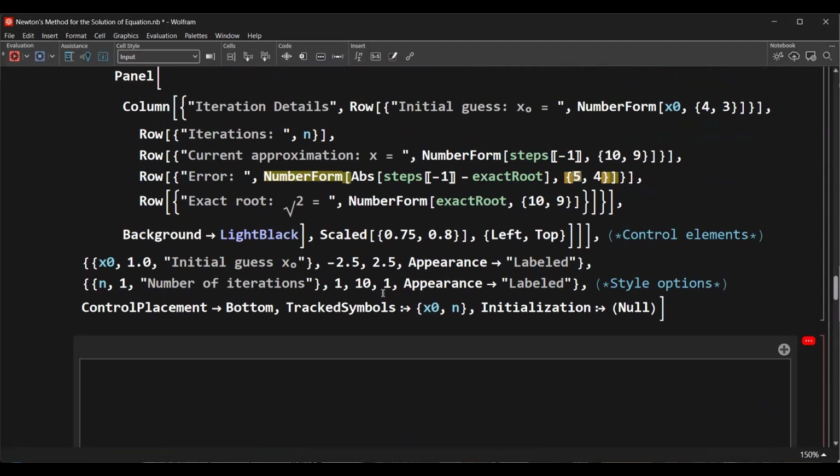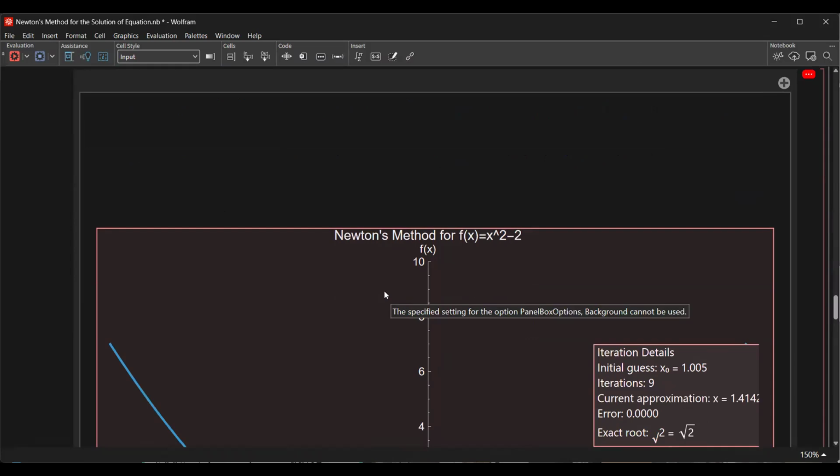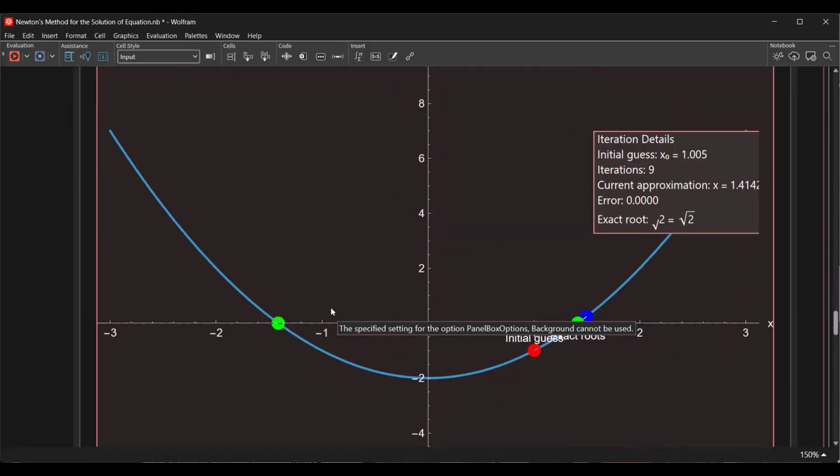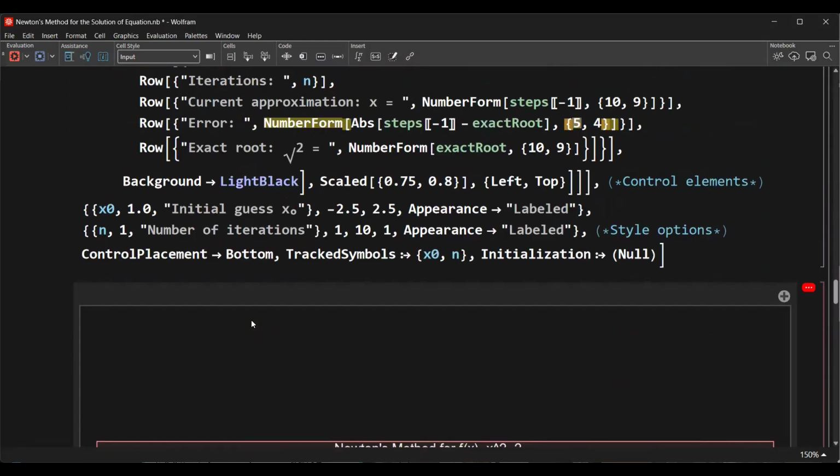Then the total number of iterations is equal to 10, but we have only 9 here. So iteration goes from 1 to 10 and from 10 to 1.